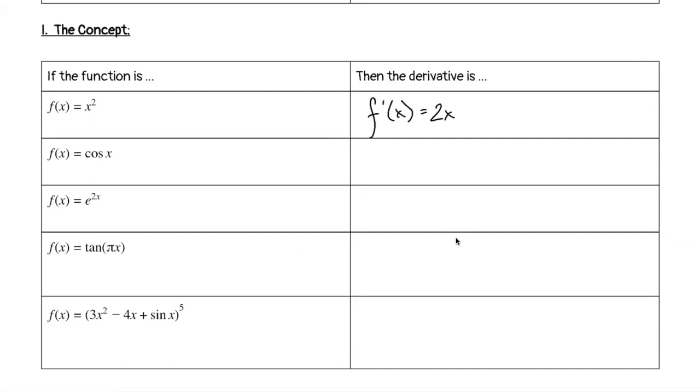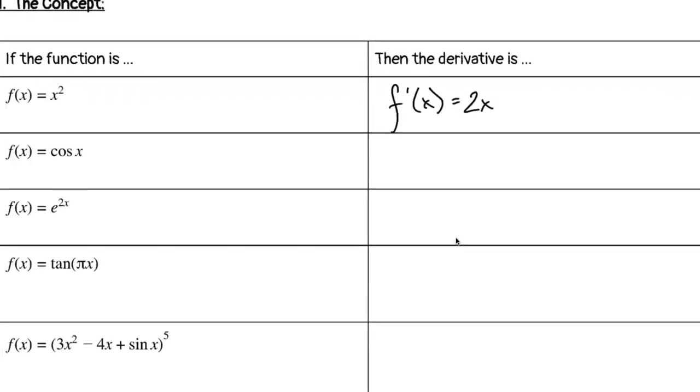I do not want us to just write 2x. I will 100% take off points for that. Maybe not 100 points, but I want us to be really thoughtful about our notation, okay? It's a way that we communicate with others about what we're trying to say. So f prime of x equals 2x, all right?